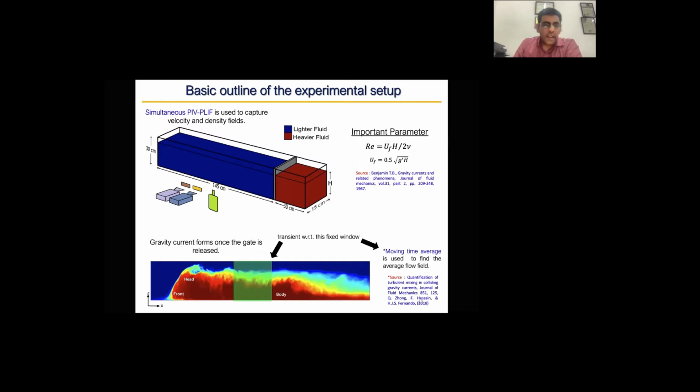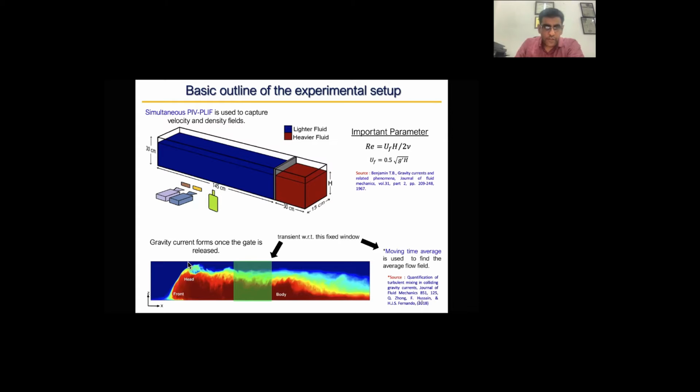The point is that the slumping phase of this particular system would occur up to a point where the bulk velocity doesn't change. So we know the duration for which that occurs, and we calculate an averaged value of this N squared in this entire window.